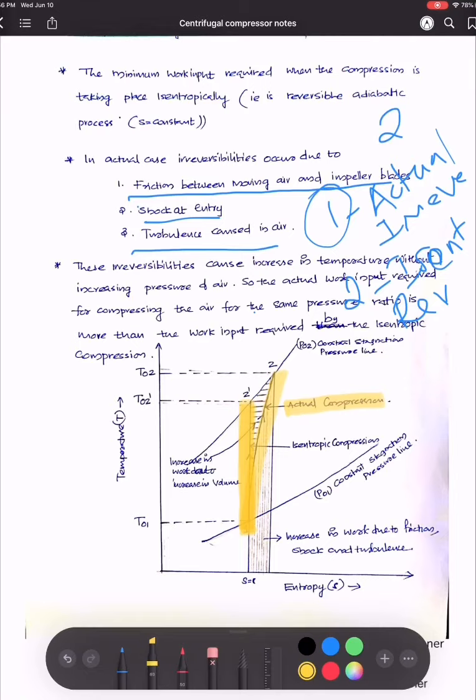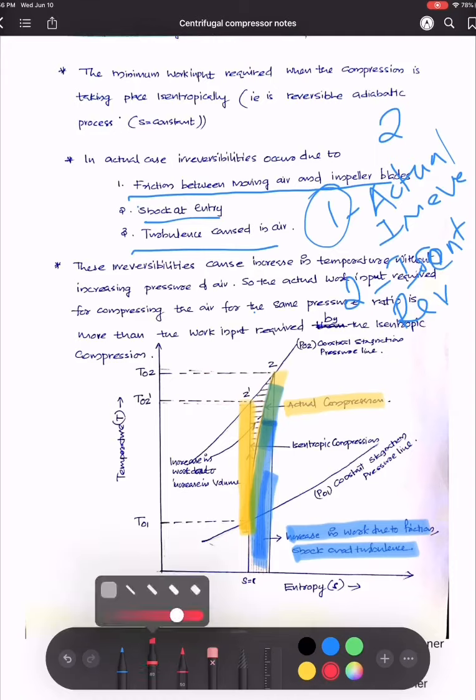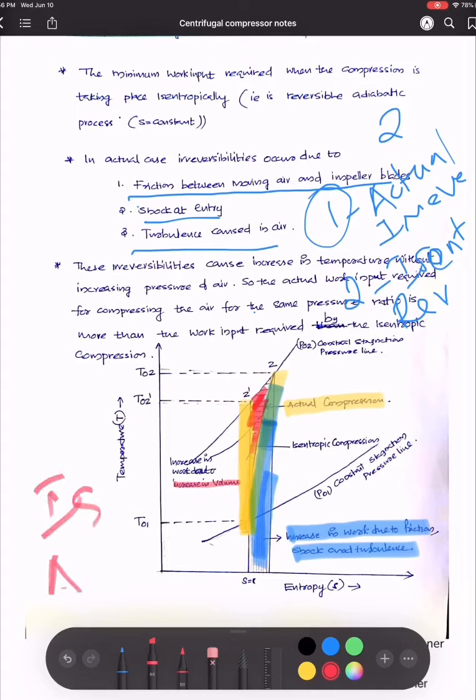Now the area under this blue line is actually the increase in work rate due to friction, shock and turbulence, and the red part shows the increase in work due to increase in volume. Clear? So clearly the work done during isentropic process is less than the actual work input.